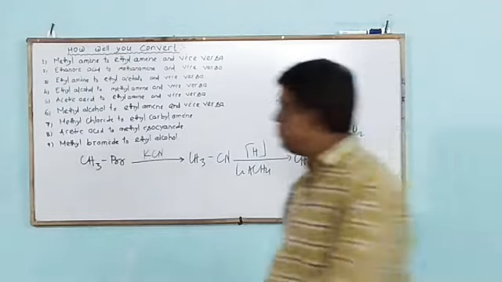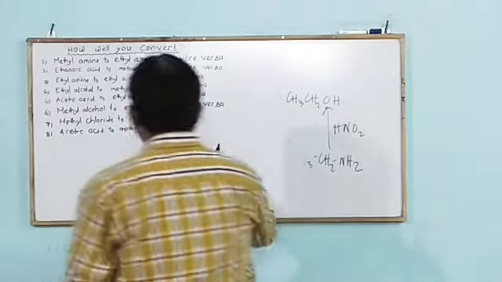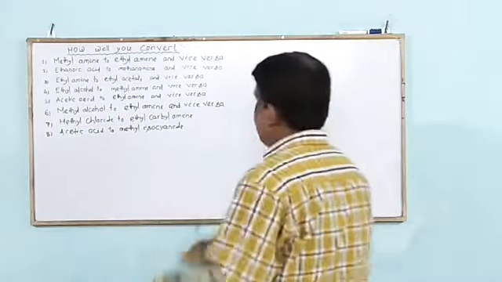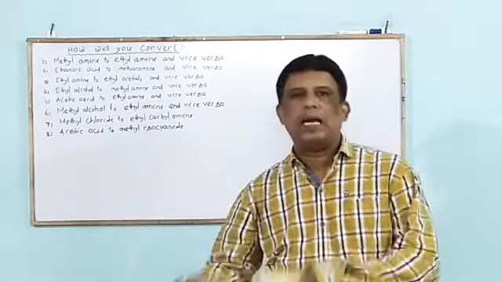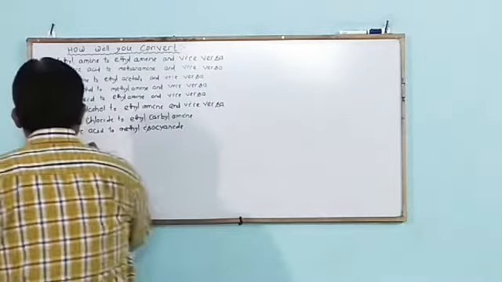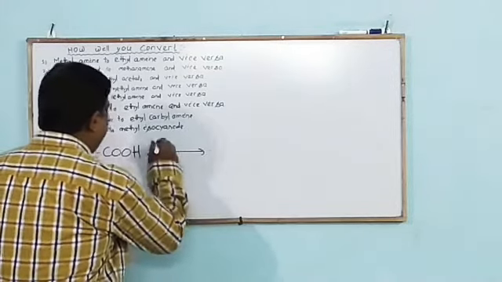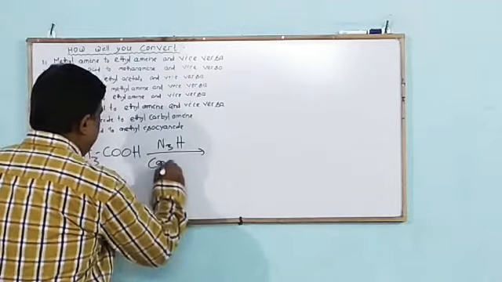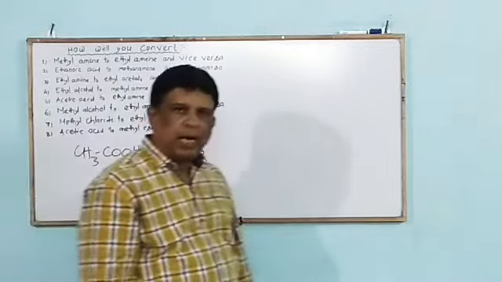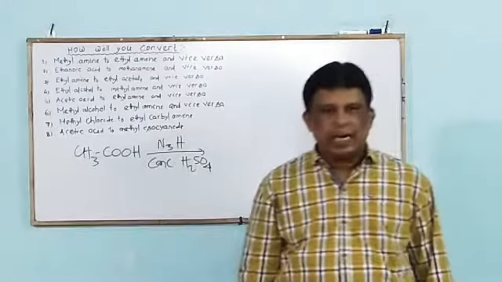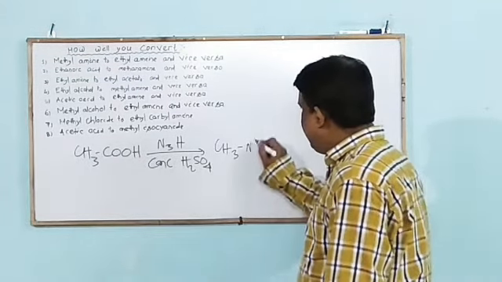Mark the next question. Next question is acetic acid to methyl isocyanide, or methyl carbylamine. Acetic acid reacts with hydrazoic acid in presence of concentrated sulfuric acid. This is known as the Schmidt reaction. Methyl amine is formed.